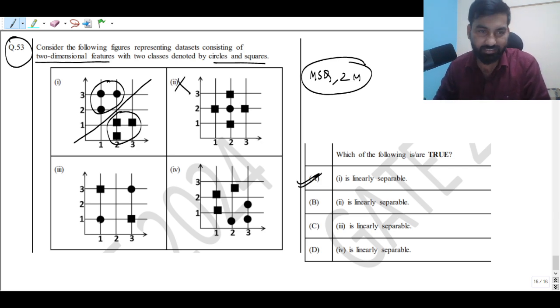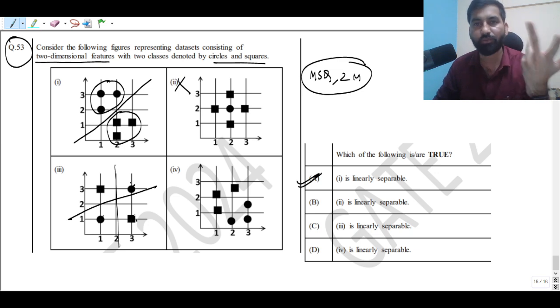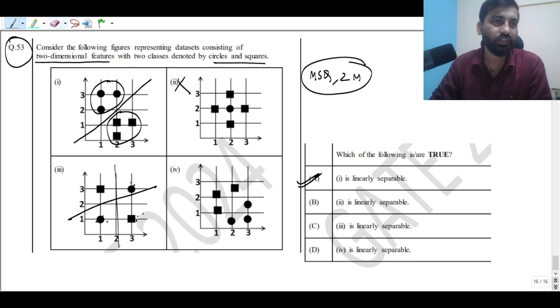And in this case also, you see this square is here and here, and this circle is also here. If you try to draw a straight line here, you are not able to separate it because these are different points, remember. So you cannot separate this also, so this option is also not correct.